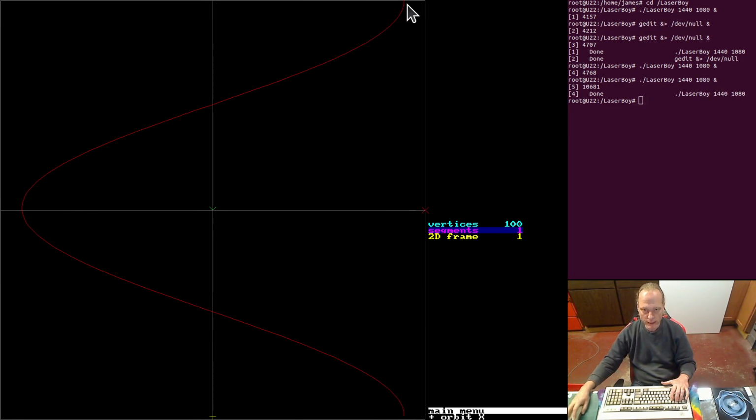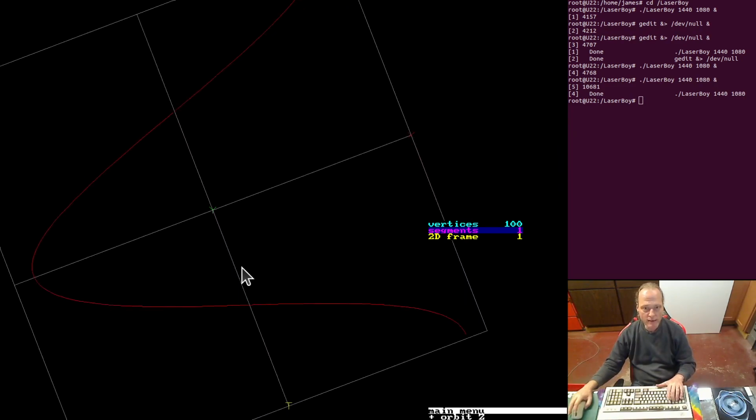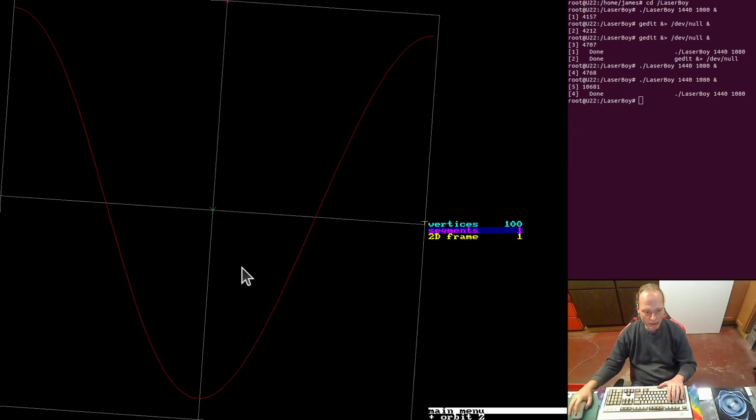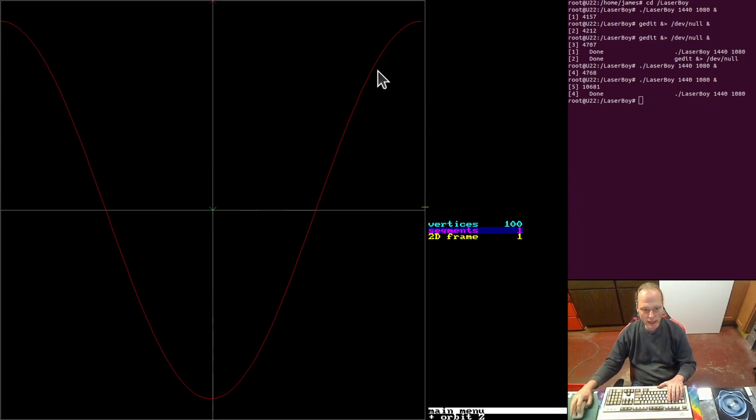What you're seeing here is time going up and down, and this is x, all the x coordinates going around the circle. And of course, you probably recognize that if you look at it this way, that's cosine.